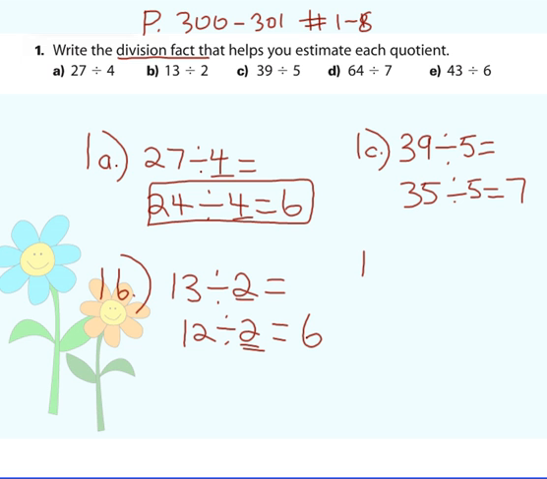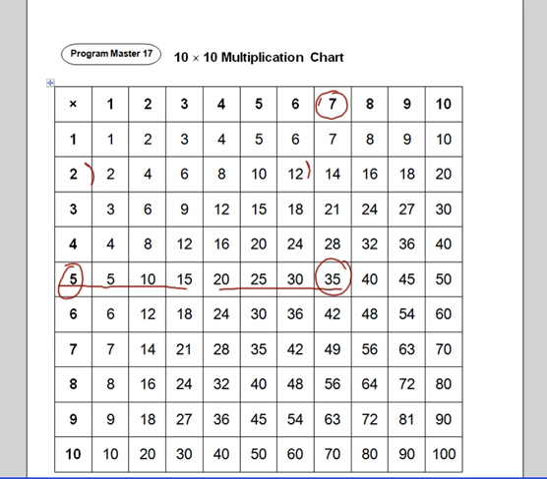Let's look at 1D. Again, you copy it down, pause the recording and solve it, and then we'll check it together. Excuse me, 64 divided by 7. How did you make out? Well, I know that we're dividing by 7, so we go along the side till we come to the number that is closest to 64 but not over.